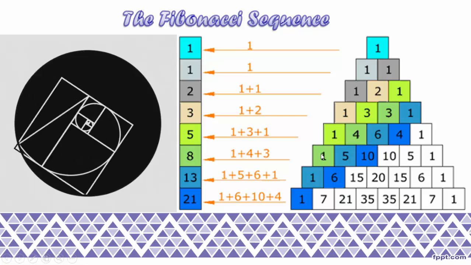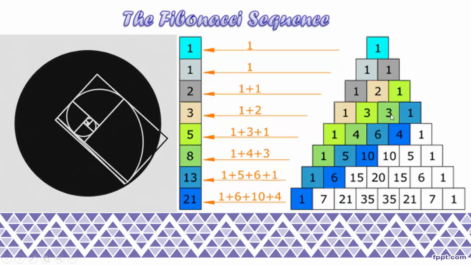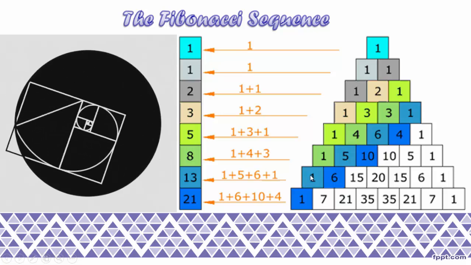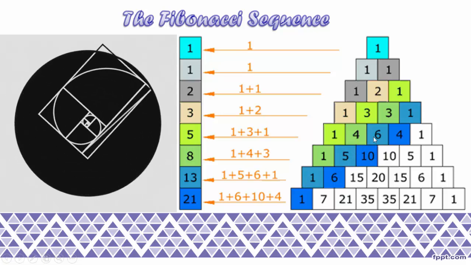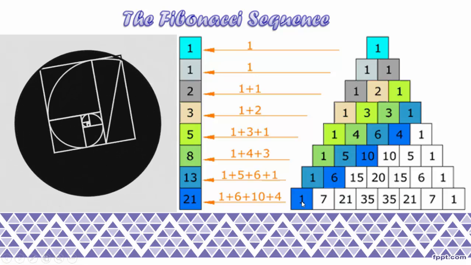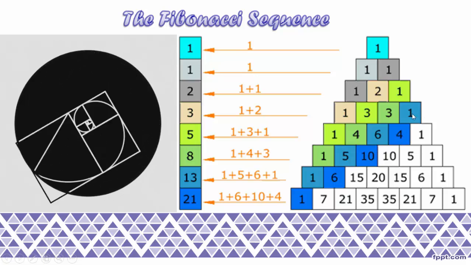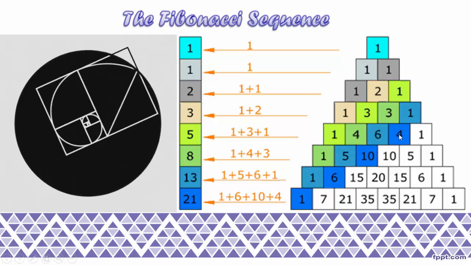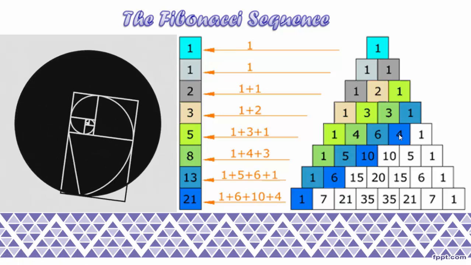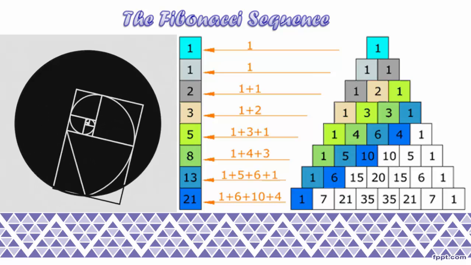Then we have 1 plus 4 plus 3 gives us 8, and then the next one is 1 plus 5 plus 6 plus 1 gives us 13, and then 1 plus 6 plus 10 plus 4 gives us 21. So that's how you would find the Fibonacci sequence in Pascal's triangle.